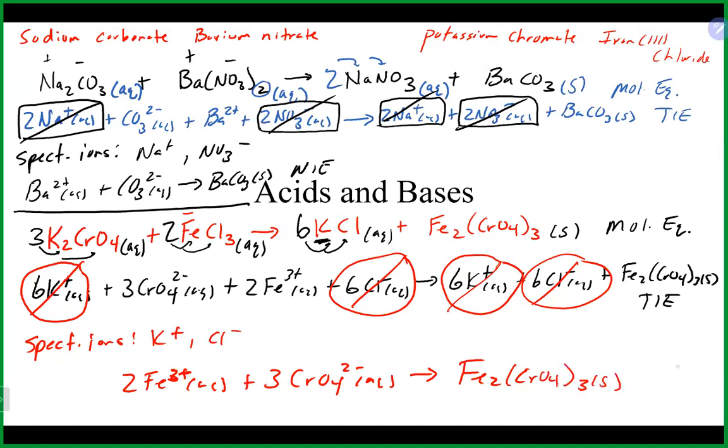And that would be our net ionic equation here. Any questions on how to write equations, total ionic equations, net ionic equations, how to find spectator ions, use solubility rules, which again, you do need to know? Any questions?